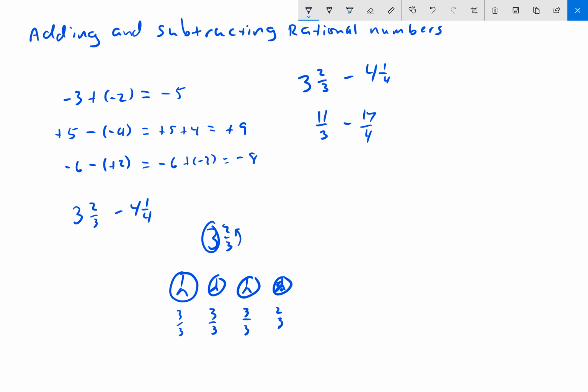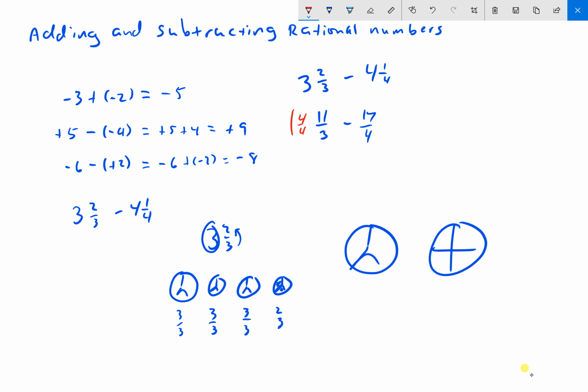Well, I still can't subtract that because I'm subtracting thirds from fourths, or fourths from thirds. So I'd have to get a common denominator. Here I have thirds, and here I have quarters, so I can't really do anything with that. I have to make the divisions the same, so I'm going to make them into 12ths.